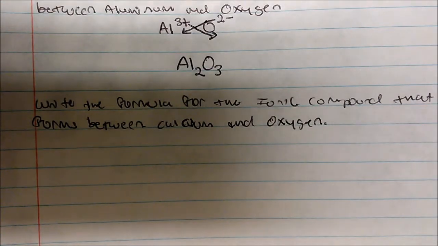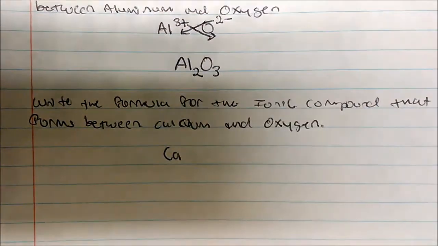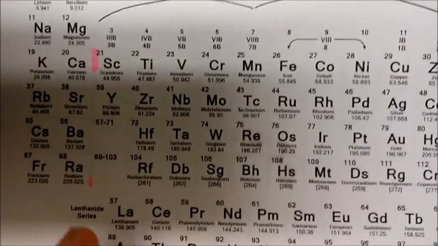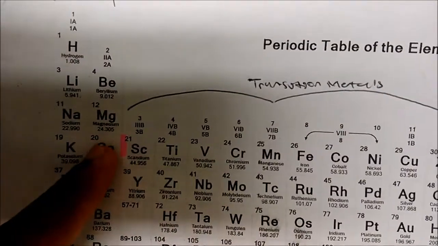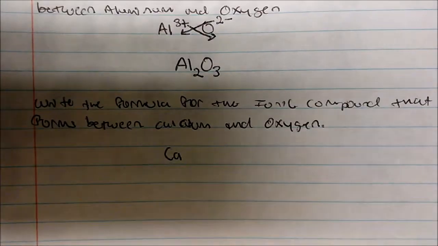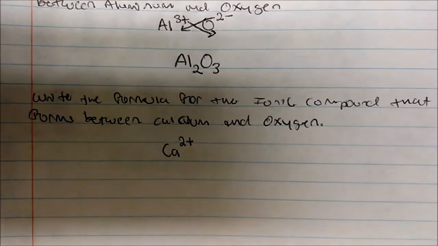Let's look at one more. How would we do it for calcium and oxygen? I'm going to write my charges. Where is calcium? Calcium is in group 2 here, so we know it's going to give a +2 charge. The charge on calcium is 2 plus. It's a metal, and we said metals tend to form plus charges.